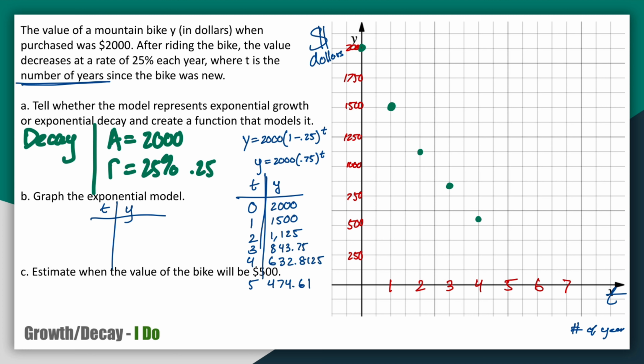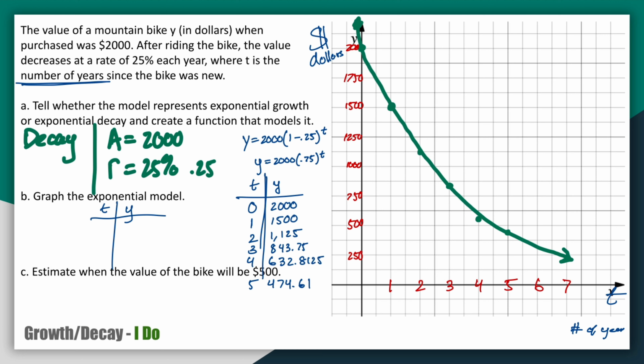It's about there. 5 and 474. It's going to be about there. So it's hard to see the pattern, but it is kind of going, and it's going to start to curve off.